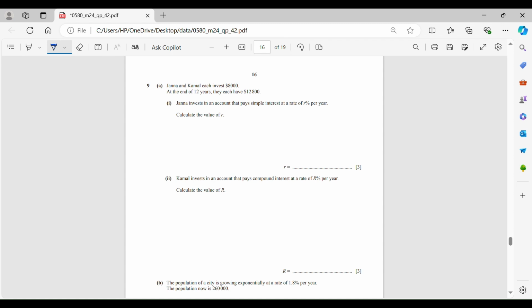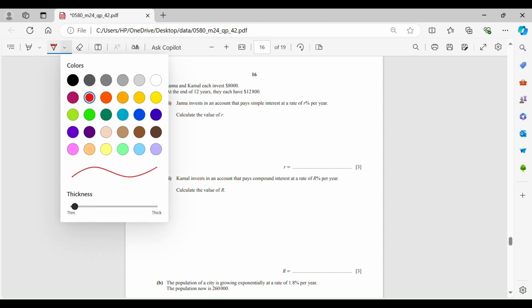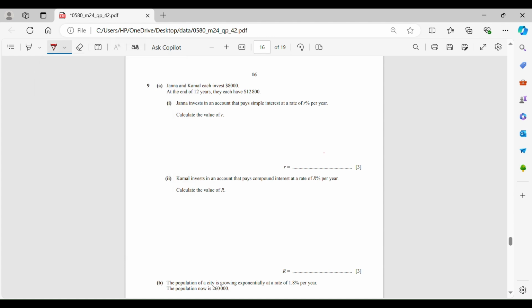So, as we know, the simple interest formula: simple interest will be equal to P principal into rate into time over 100, and simple interest will be equal to amount minus principal, right?